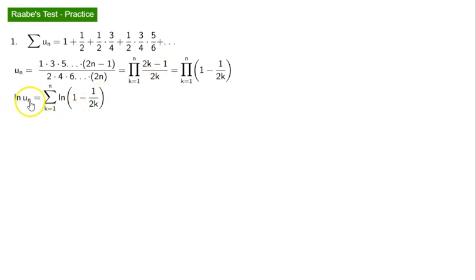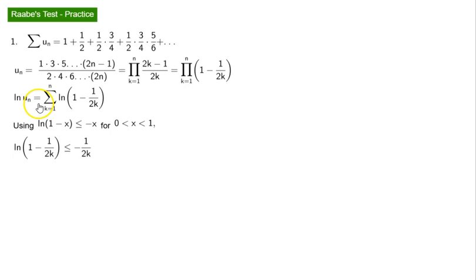So natural log of u sub n is equal to the summation k equal to 1 to n of natural log of 1 minus 1 by 2k. We know that natural log of 1 minus x is less than or equal to minus x for x between 0 and 1. So applying it here, we get natural log of 1 minus 1 by 2k is less than or equal to minus 1 by 2k.